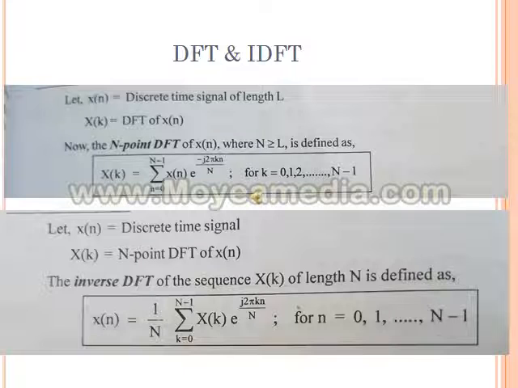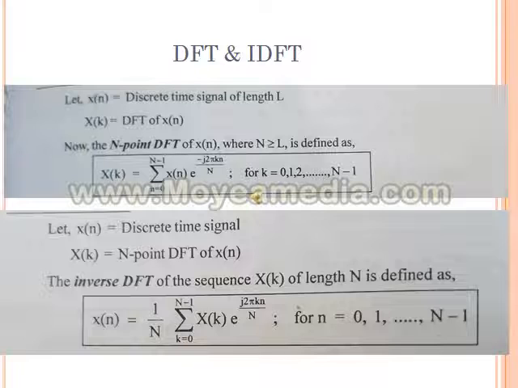In the previous case, that is DTFT, such signals are a continuous function of omega, so we cannot feed them directly to digital systems for further processing. So this is basically the advantage of DFT.